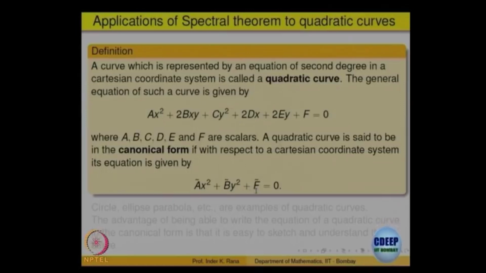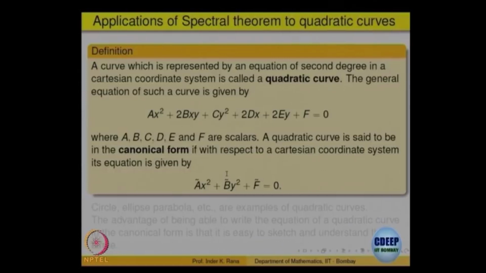Supposing your equation looks like this, that means this b is 0, then d is 0 and e is 0. Supposing it is a special type, then that form is called the canonical form of the quadratic form.